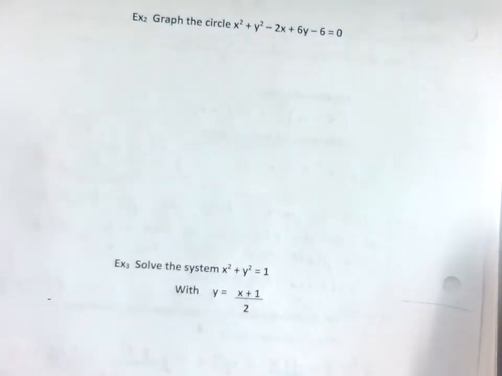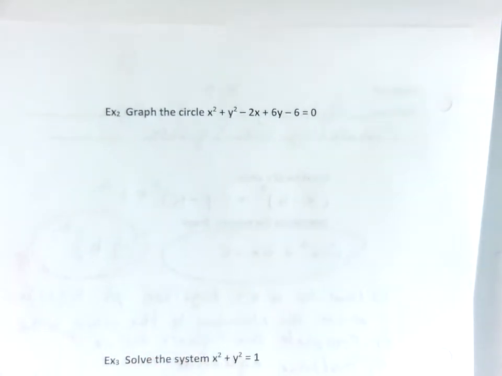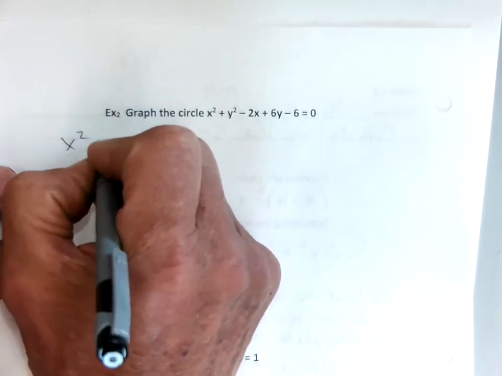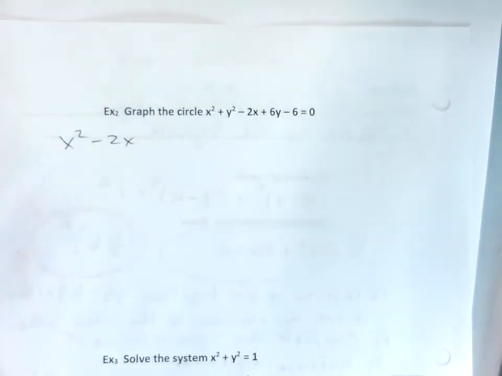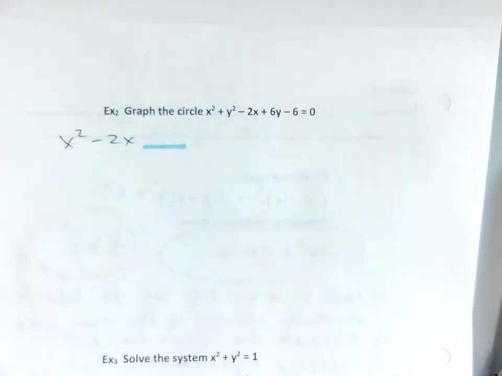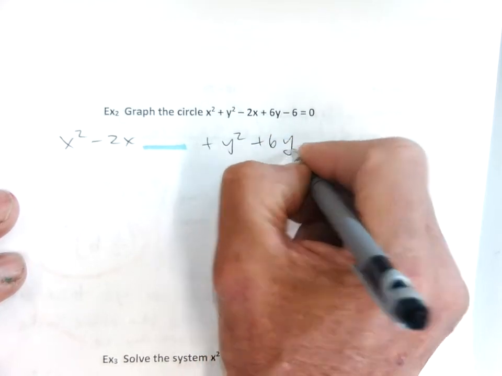Okay, example 2. Let's do it again. So, what should we do first? What do your notes say? What's the first thing we should do? Rewrite it. So I'm going to go x squared minus 2x, plus y squared plus 6y.